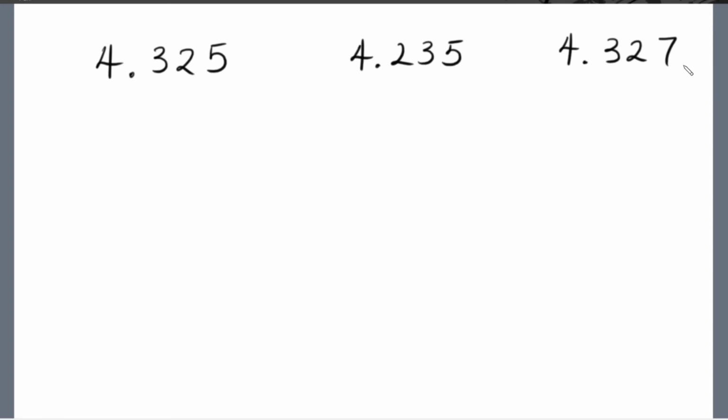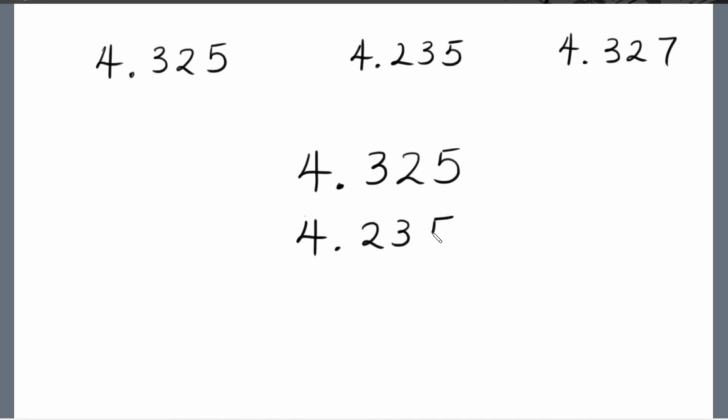Well, how do I compare all 3 of these? I'm just going to line them all up by their place values using the decimal point. The decimal point tells me where all the place values are. So I'm going to write 4 and 325 thousandths, 4 and 235 thousandths, and 4 and 327 thousandths.